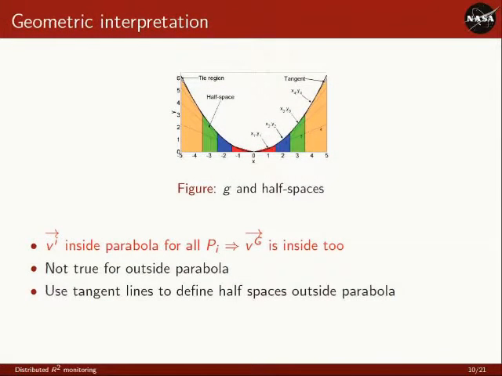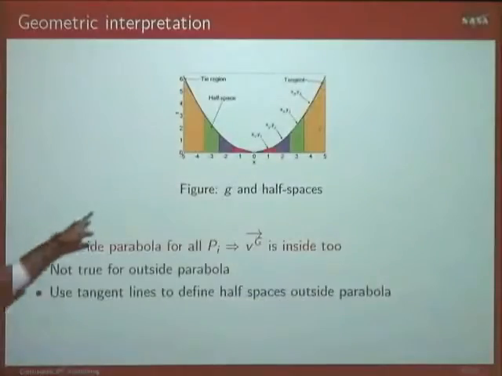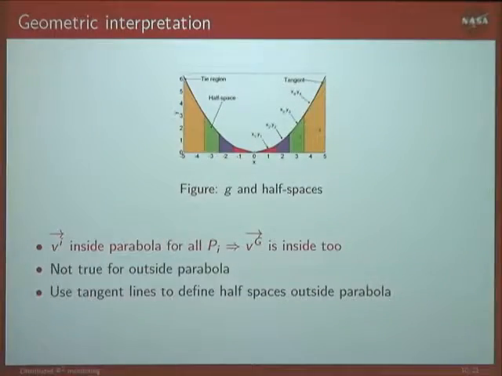So here is the geometric interpretation. This is the contour of the parabola, and if Vi is inside the parabola for all of the peers, then Vg will be inside too, because it's just a convex combination, and a convex combination will always lie in the convex region.